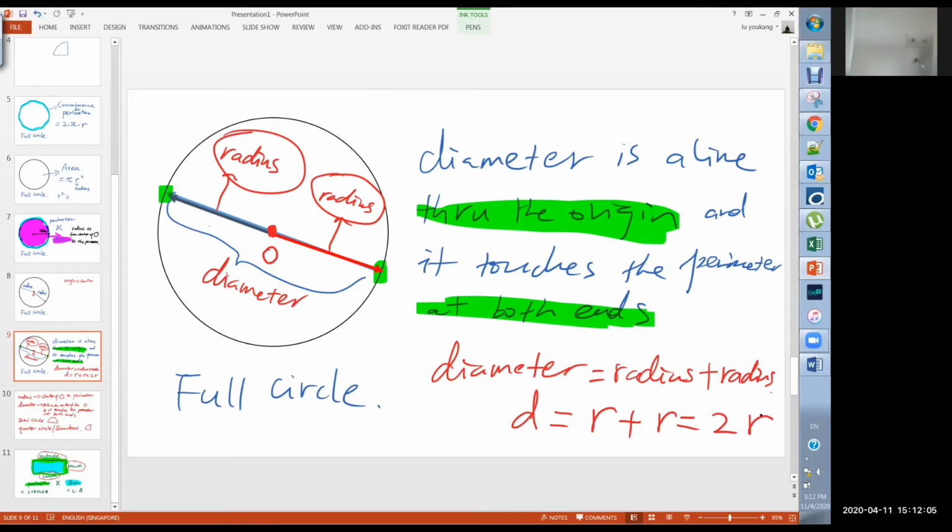2 times, right? Can you see? 2 times. Okay. So how many formulas have we learned so far? Diameter is 2 times the radius. Very good.